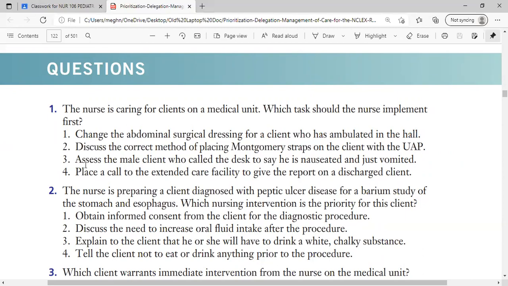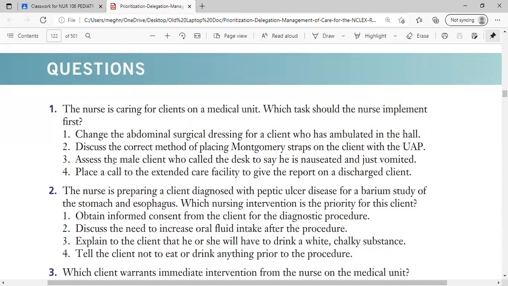Number three, assess the male client who called to the desk to say he is nauseated and just vomited. Number four, place a call to the extended care facility to give a report on a discharge client.